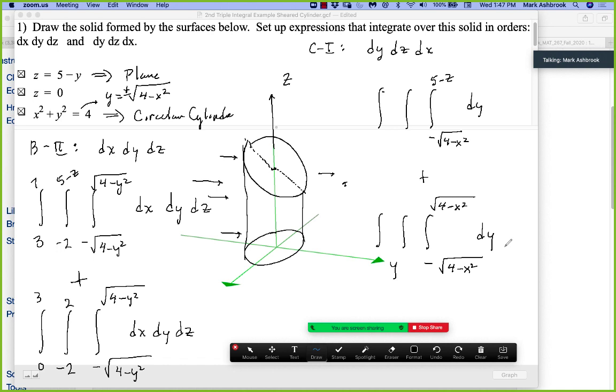Now we need the projection into which plane? The xz plane. So what will this thing look like in the xz plane when we project it? Meaning we're going to flatten it, like clap our hands and just flatten this solid. It's just going to be a rectangle, isn't it? The bottom is like a rectangle, that's true.